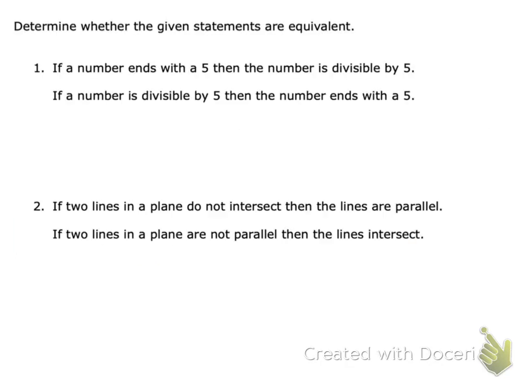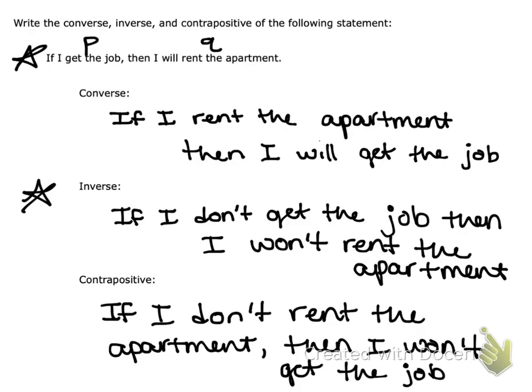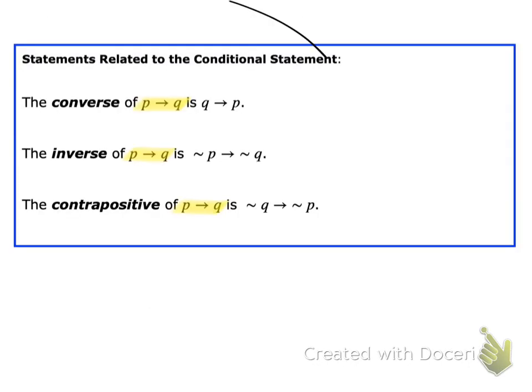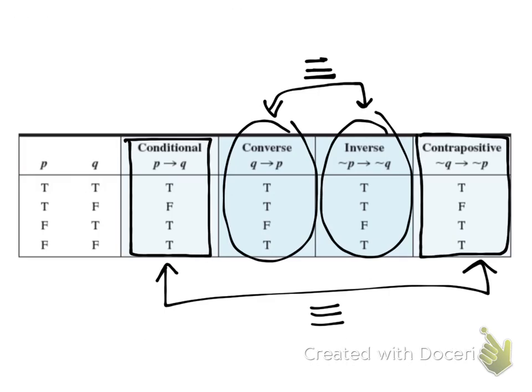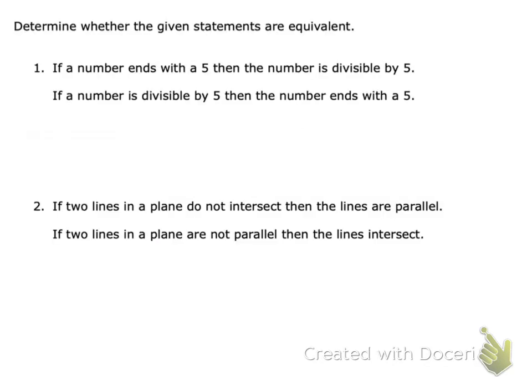Okay, so decide whether the given statements are equivalent. All that to say, when we talk about what I want you to put on your note card, I want you to have these conditional statements. I want you to have which ones are equivalent, because you're going to see statements like this on your test. If a number ends with a 5, then the number is divisible by 5. If a number is divisible by 5, then the number ends with a 5.